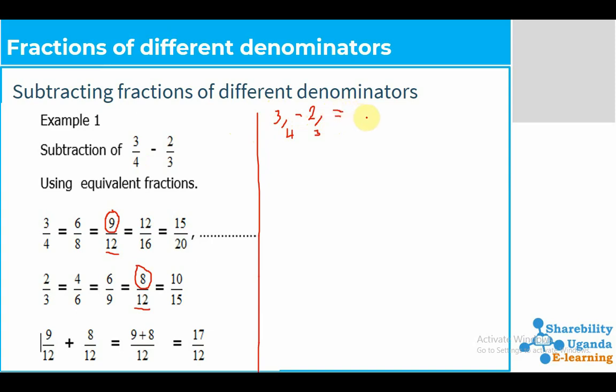We are going to use our common denominator, which is 12. Remember, here we are trying to subtract. We've got our common denominator, which is 12.